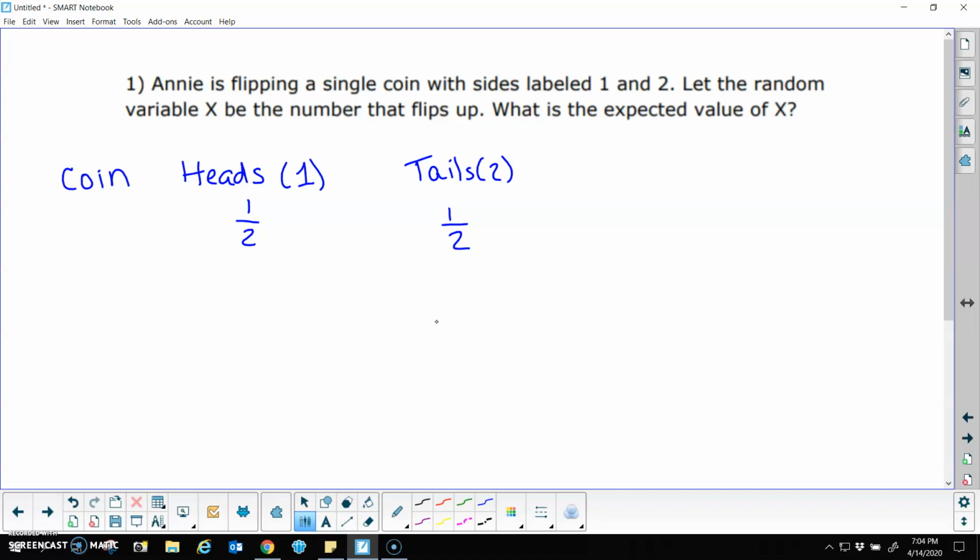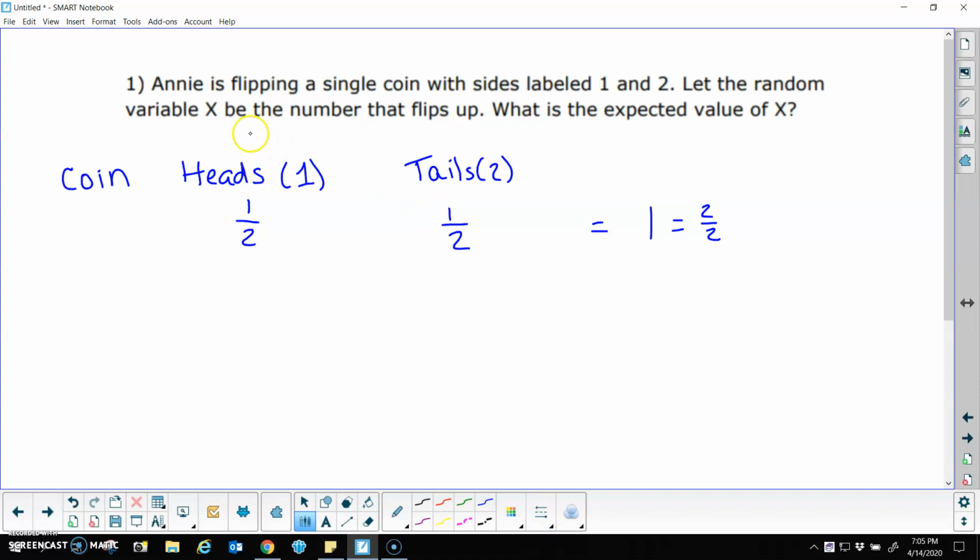Okay, and we're assuming this is a fair coin. Now, first thing we need to do is make sure that if I take these two events and add them up, these add up to 1, right? So 1/2 plus 1/2 is 2/2, which reduces to 1. It always will equal 1, as long as it's a fair game.